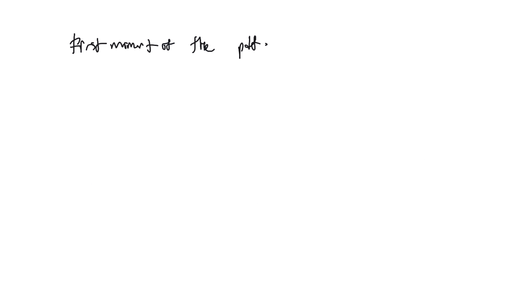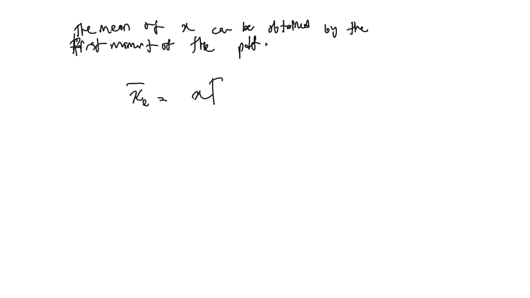So the mean of x can be obtained by the first moment of the PDF, that is the sum of x times f of x.